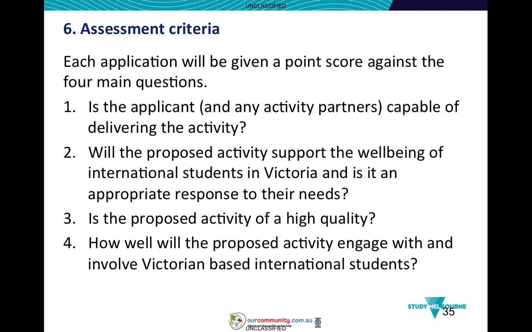Have we actually talked about specifically, for example, question 1, criteria 1, is the applicant and any of our partners capable of delivering the activity? Have we really gotten that message strongly across in our application form?